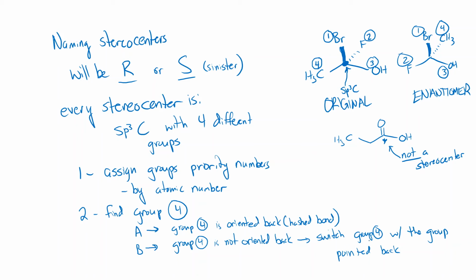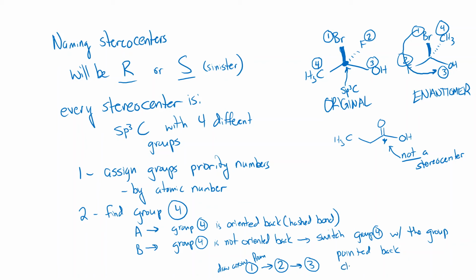So once we've switched those two groups, now we've drawn the enantiomer, and then we draw an arrow from 1 to 2 to 3. So on the enantiomer, we're going to go 1, 2, 3, right?